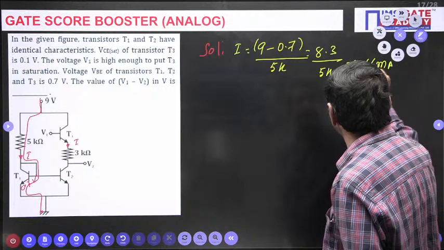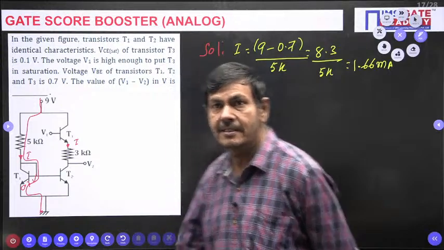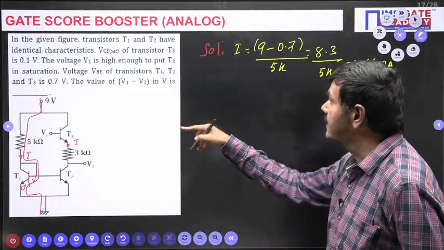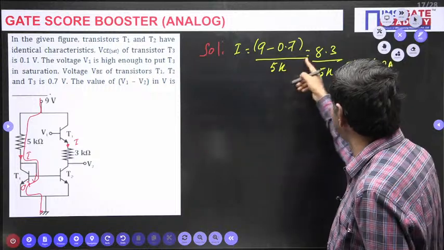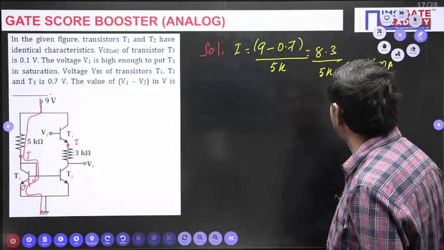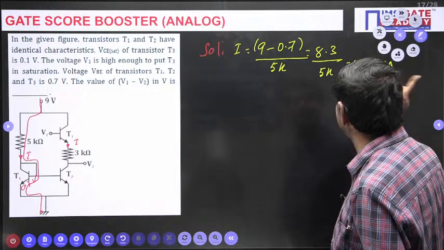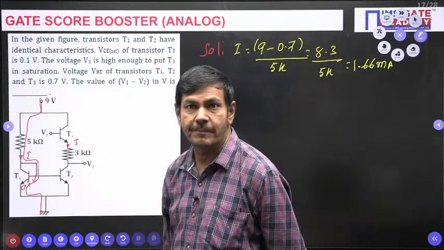Correct? 9 minus 0.7 by 5K gives 1.66 milliamperes. That much current is there, and the same current is maintained on this side also.